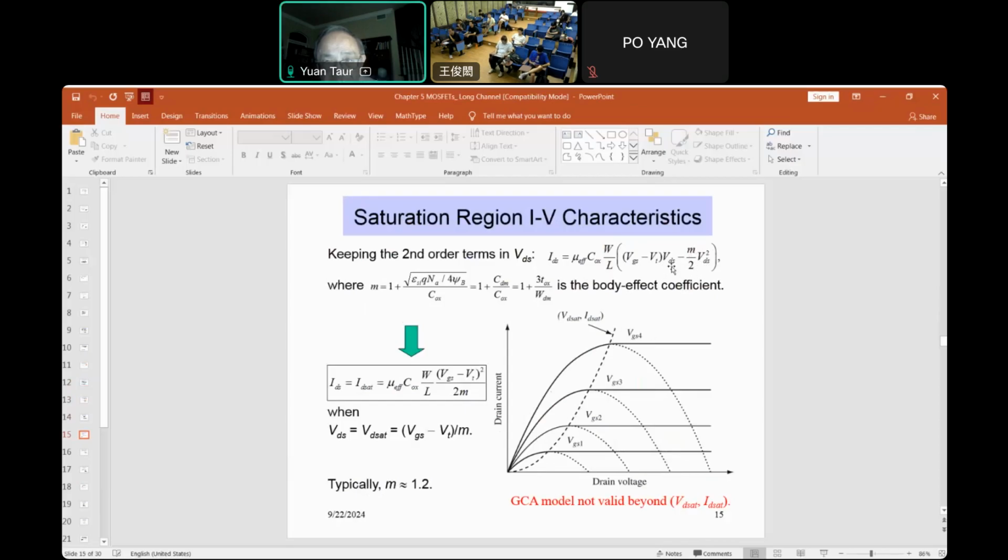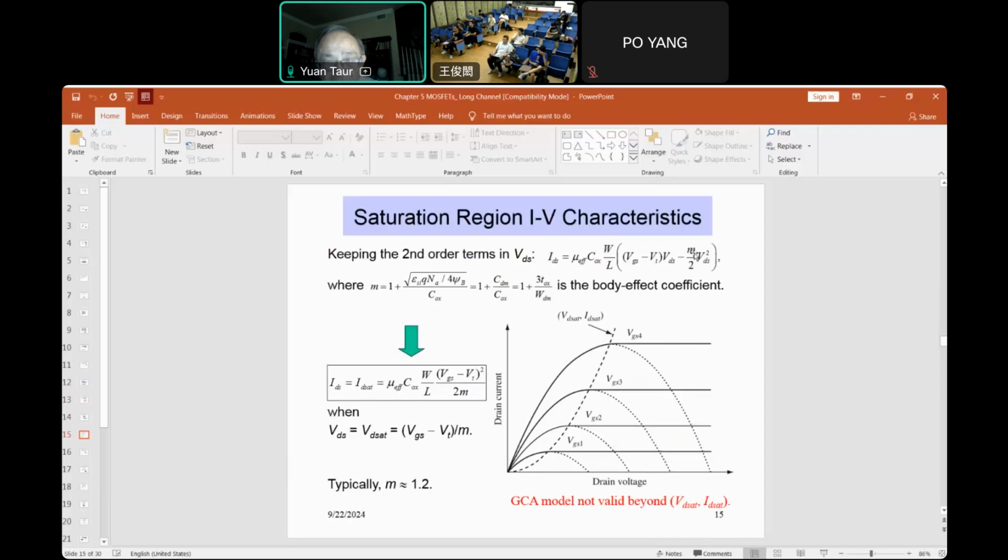That's the maximum current, what we call the ID saturation. Okay, ID saturation, and that's given by VDS equal to VG minus VT over M, mathematically. Now, the first term is VG minus VT squared over M.